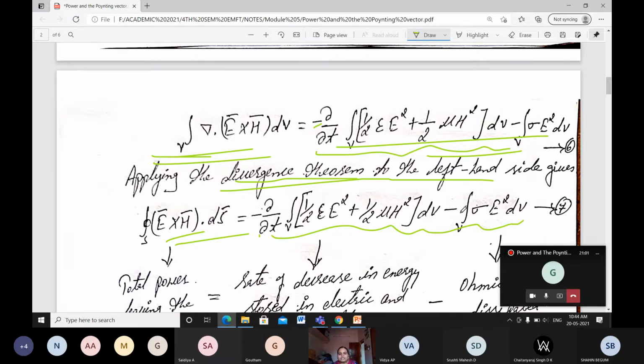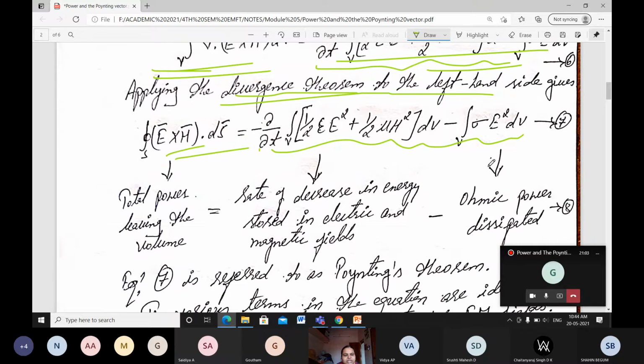Next, equation 7 gives the information about this. The left hand side is the total power leaving the volume, which is equal to the rate of decrease in energy stored in electric and magnetic fields.